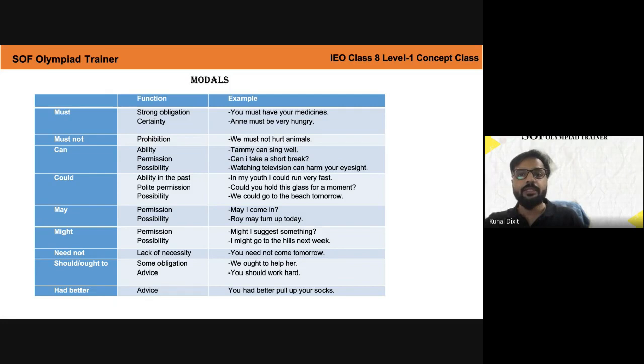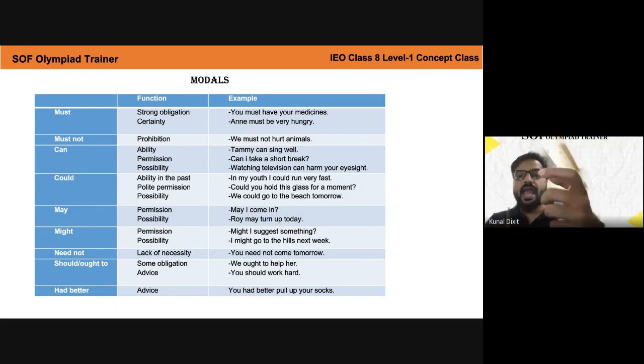Now, the next word is can. Can is basically used in three cases: ability, permission, and possibility. Now, can expresses the ability. Tammy can sing well. Here, can expresses the ability. Arnav can lift heavy weights.